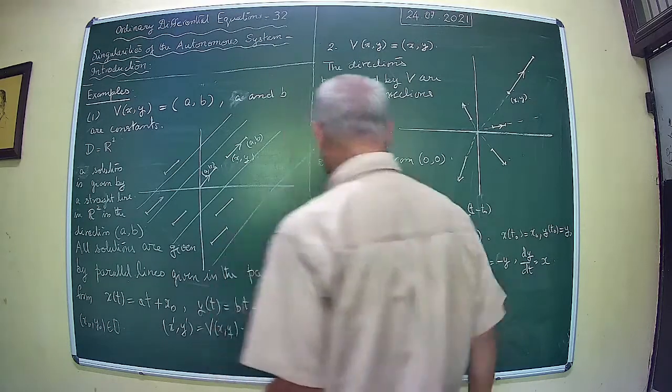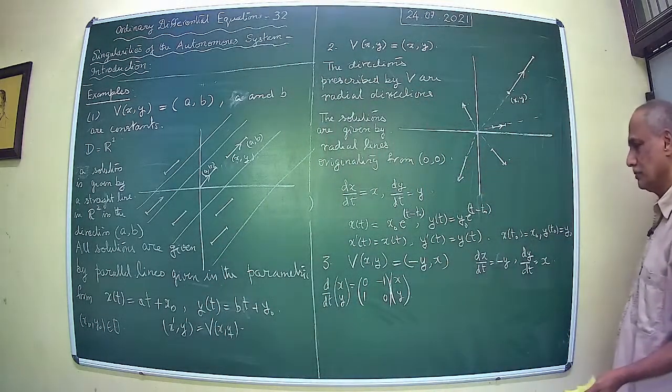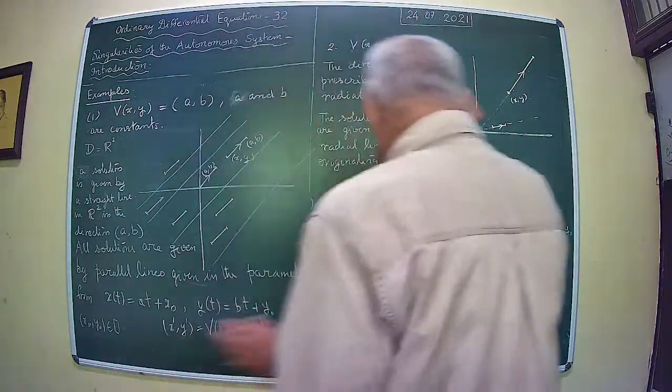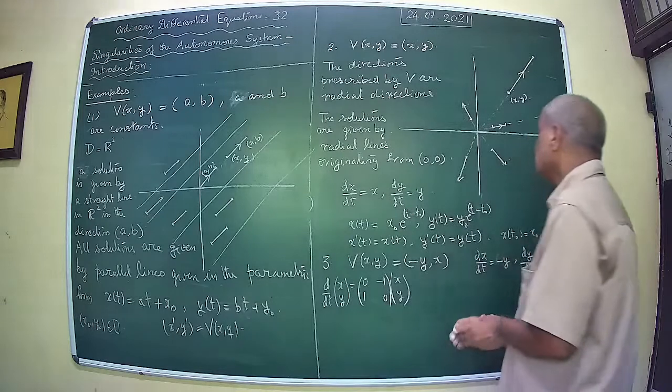This is the system that we are looking at. Okay, this is a system with constant coefficients. One can solve this easily, but let us look at the geometry of this.